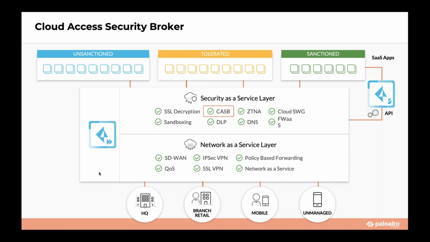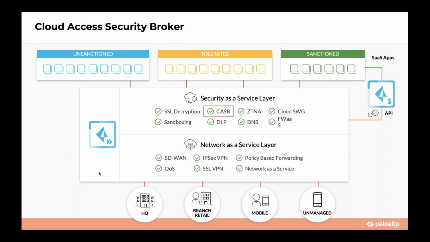No, just what I want to mention is that Prisma Access is inline, so it will detect all your data and connections in motion when it goes through Prisma Access. But you also have something called Prisma SaaS. It's a different product, but it completes the Prisma Access solution, where we can use Prisma SaaS to scan data at rest that is already inside the other SaaS applications like Dropbox, Box, Office 365.